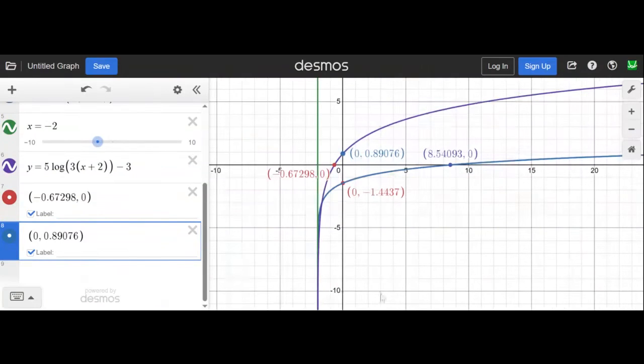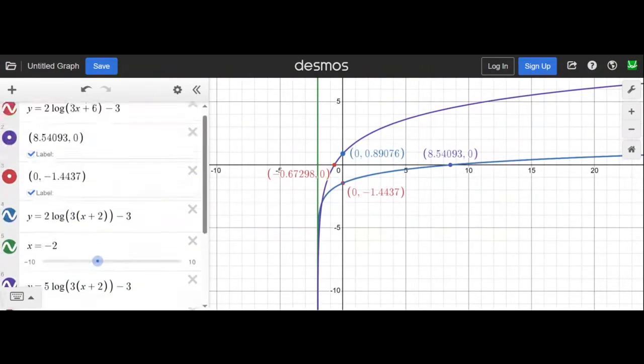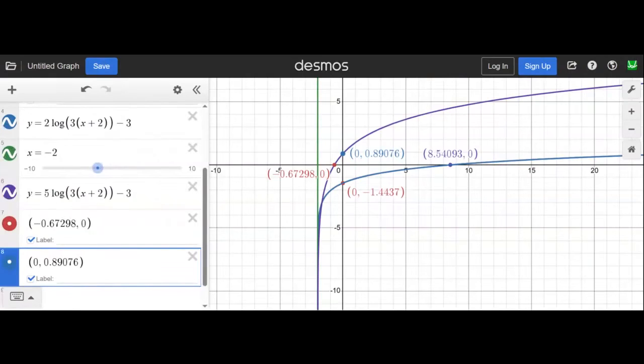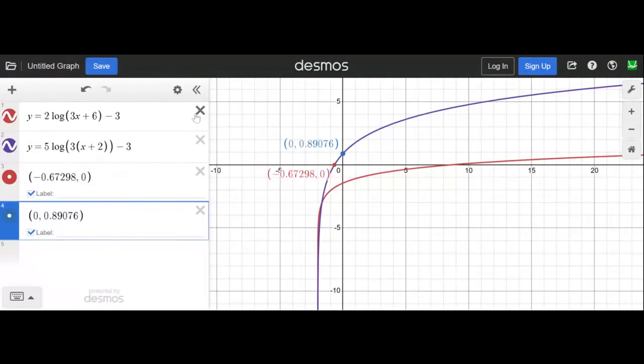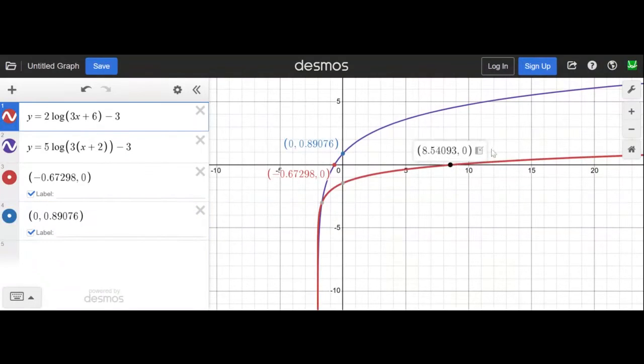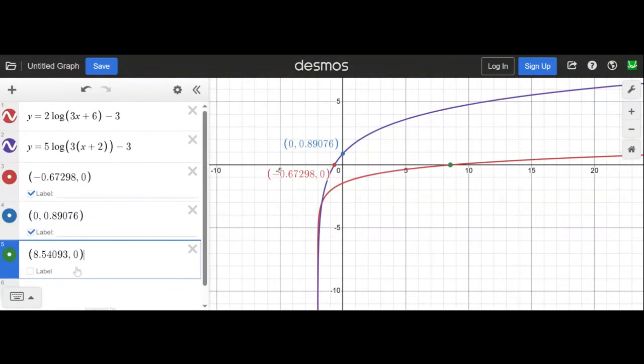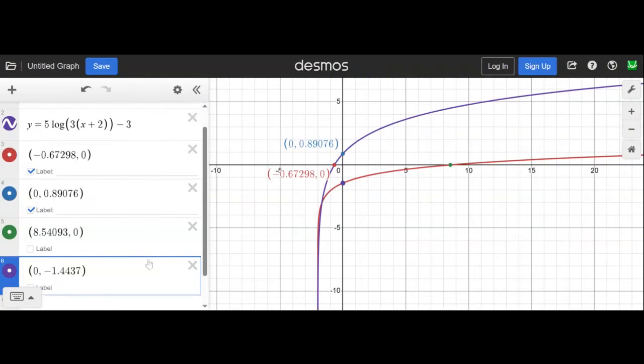So now when I changed the value of the vertical stretching factor, I can cancel all of these, guys. Let me just cancel, to make things easier for you to watch, and just show you these 2 points, which we have here. Then I will label this one and label the other one here, so you can see the difference between them. There we go.